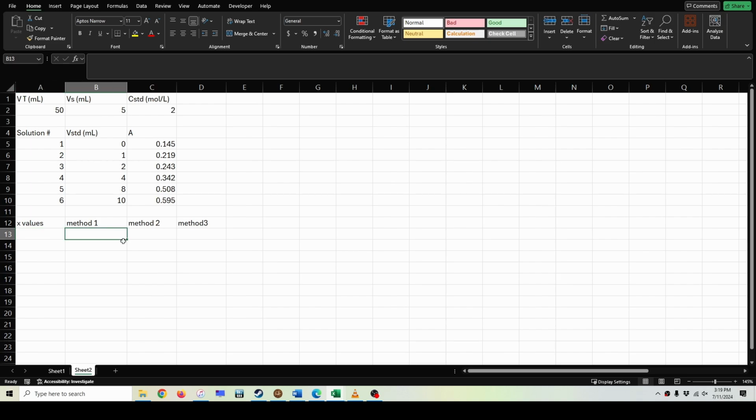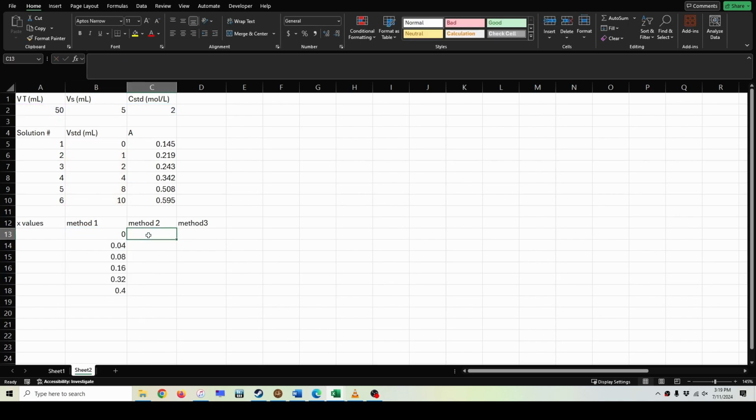Method 1 was the concentration of the standard, times the volume of standard solution added, divided by the total volume of the solutions. So there's that.